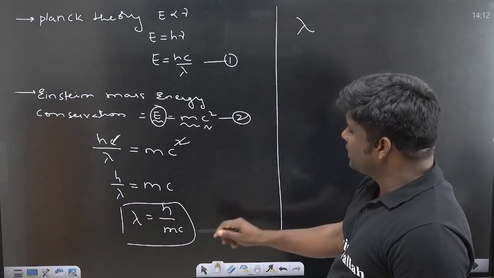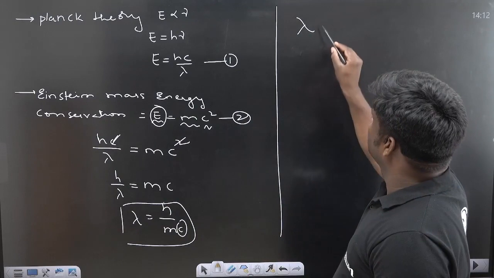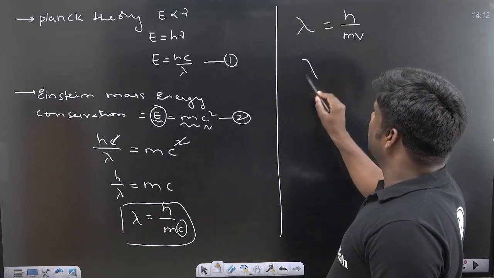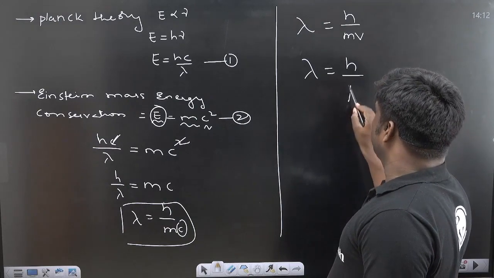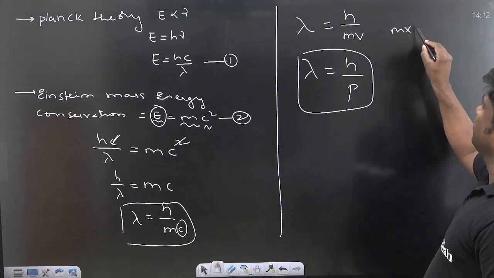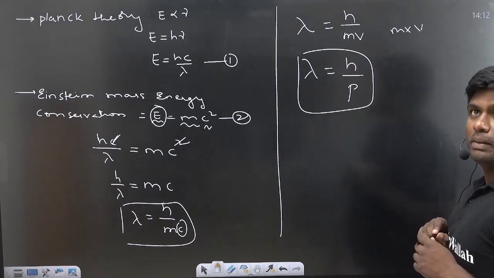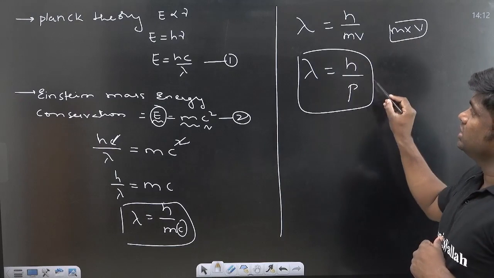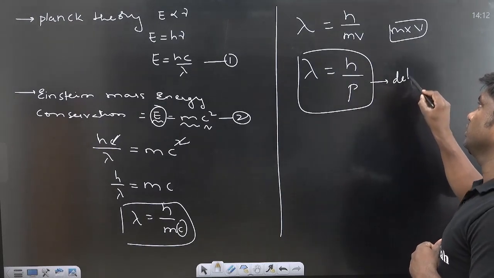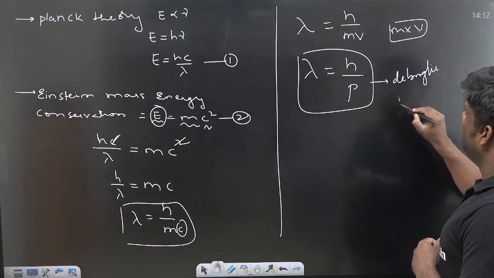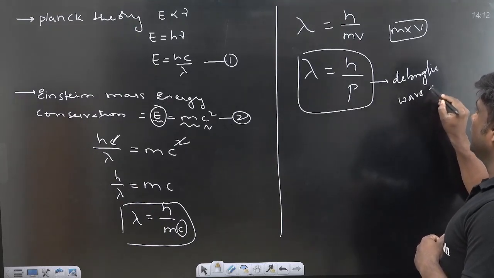Writing the velocity as v, lambda equals h by mv, so lambda equals h by p, where p is the momentum, m is the mass and v is the velocity of the particle. Mass into velocity is momentum. So this is the de Broglie wave equation.